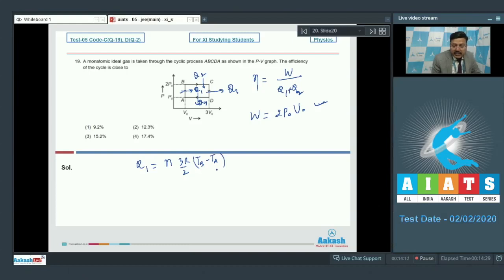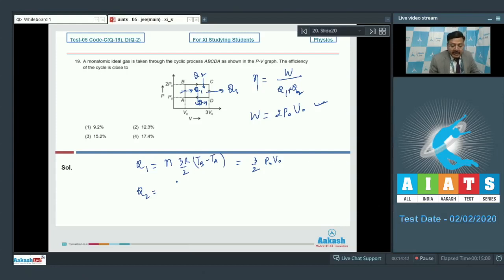In fact, we can write it also as 3 by 2 nR TB, which is 2P0 V0 by applying the ideal gas equation. So nR TB is 2P0 V0 and nR TA is P0 V0. So it's 2P0 V0 minus P0 V0, which is P0 V0. So that is Q1.